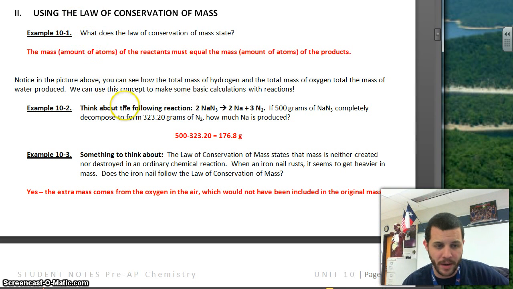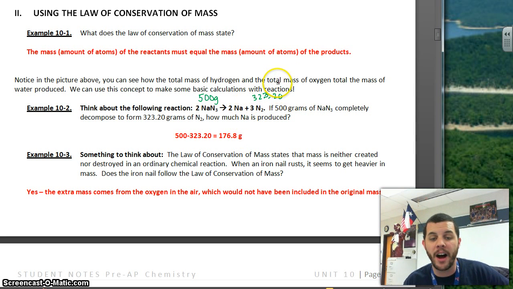This next problem says if 500 grams of sodium nitride, so that tells me I've got 500 grams of this, completely decomposes to form 323 grams of nitrogen, so I've got 323, how much sodium is produced?